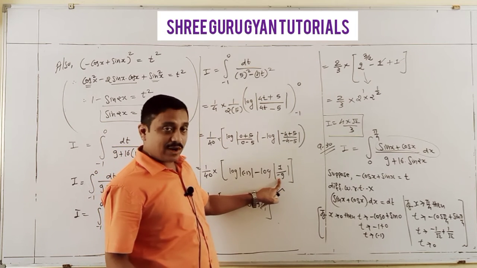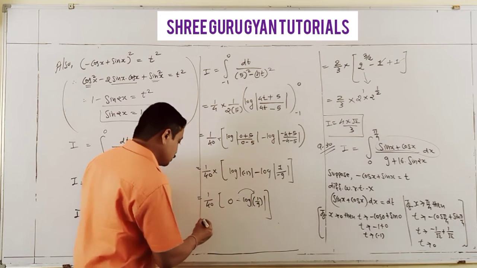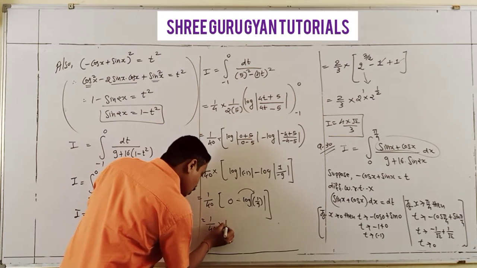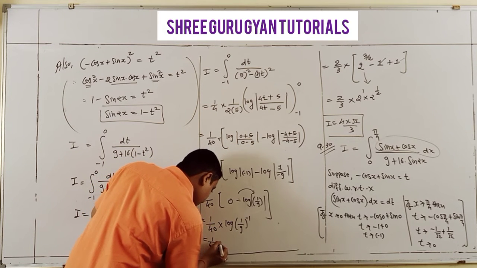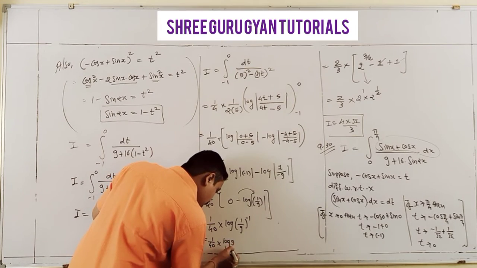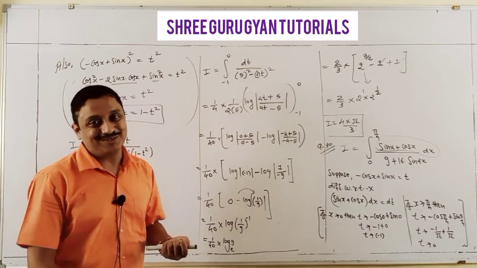Actually, this negative value I convert to positive, this minus covers the upside. So 1 by 40 log 1 by 9 to the power minus 1, that is 1 by 40 log 9 to the base e. And here students, your question 30 is also easily done.